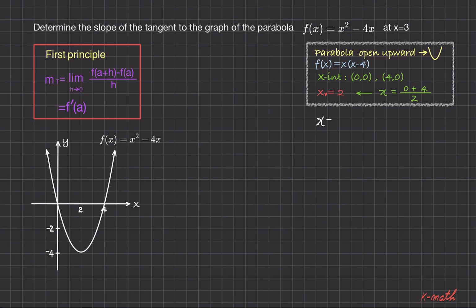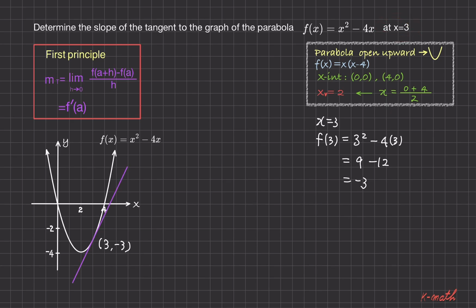At x equals 3, the y value is f of 3, which is 3 squared minus 4 times 3 equals 9 minus 12. It gives me minus 3. So, the point on the curve is 3, minus 3. And that's where we want to find the slope of the tangent line.